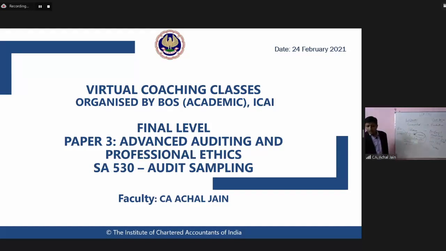So now moving on to next auditing standard. This is about audit sampling. And in relation to audit sampling, we understand what we mean by this audit sampling, because we have discussed audit sampling already quite a lot. One thing which the auditor needs to understand is the basis of the audit sampling.